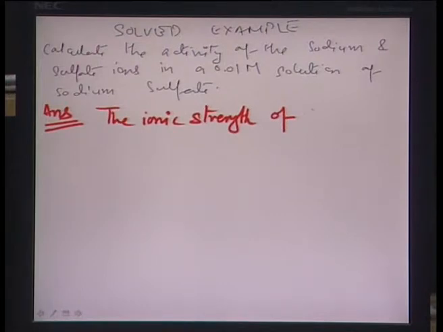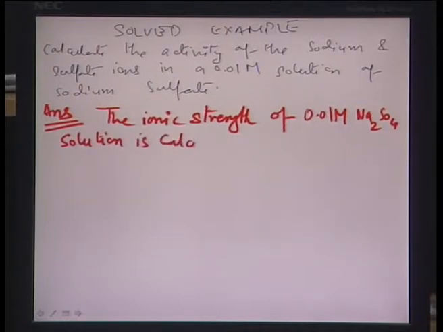So, the ionic strength of the 0.01 molar Na2SO4 sodium sulphate solution is calculated as below.